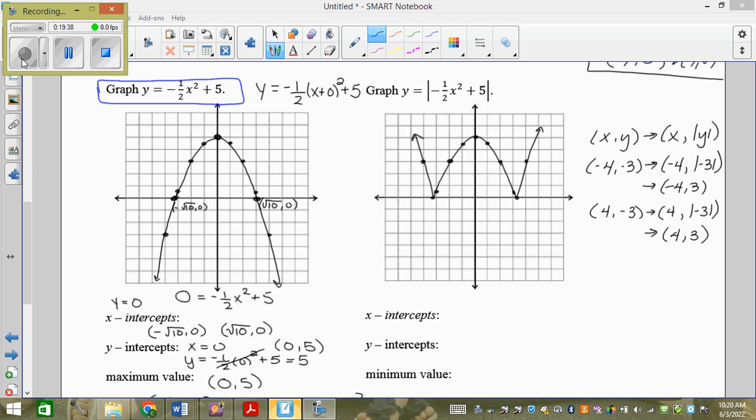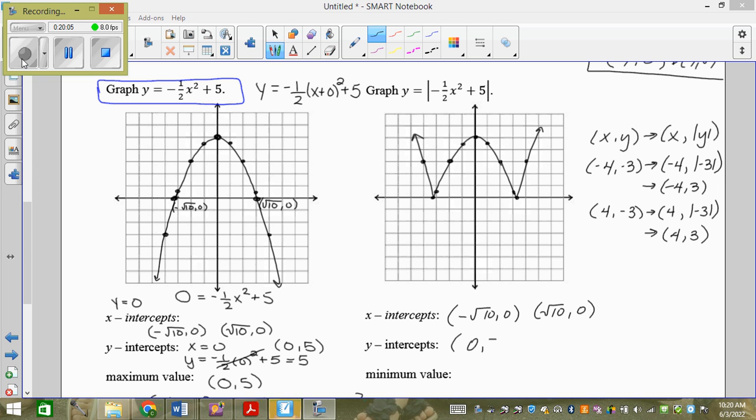So everything that's above the x-axis and on the x-axis will stay the same because their y values are 0 or positive, right? Then all the negative values will flip. So my x-intercepts, did they change? No. Root 10, 0. Negative root 10, 0. The x's don't become positive, the y's become positive. The y-intercept stays the same.